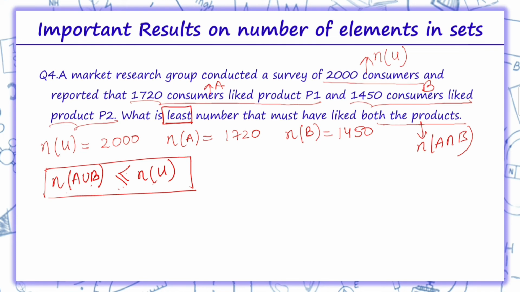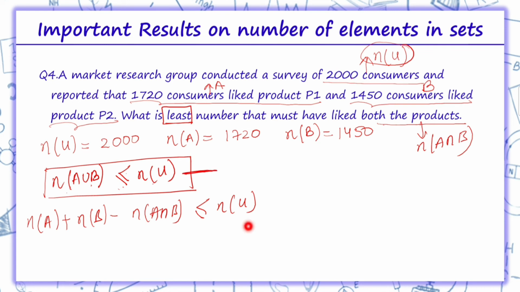So we'll apply this condition. The formula for A union B is n(A) + n(B) - n(A intersection B). This should be less than or equal to the universal set, because we cannot assume these 2000 consumers to be A union B. With the help of this statement, we will find A intersection B.